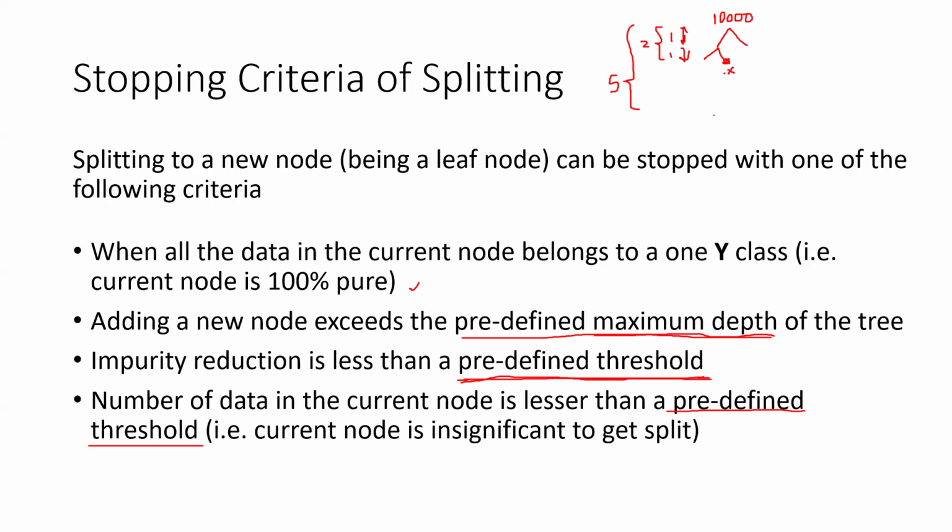So it may not be worth adding new tree nodes after this node if there are only 5 data points at that particular tree node. Even though adding more nodes would increase the purity, it's not worth it because there are only 5 data points at this node. So you can just stop splitting from this particular node, right?